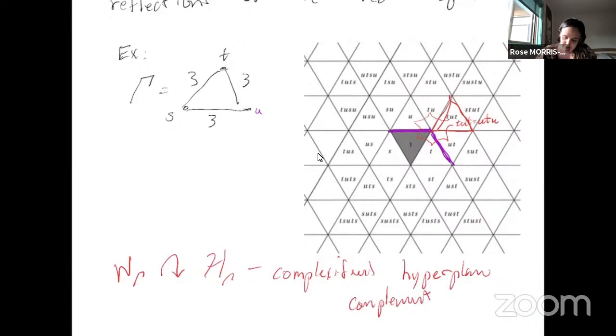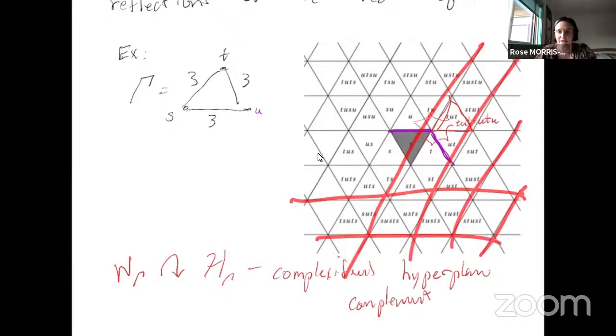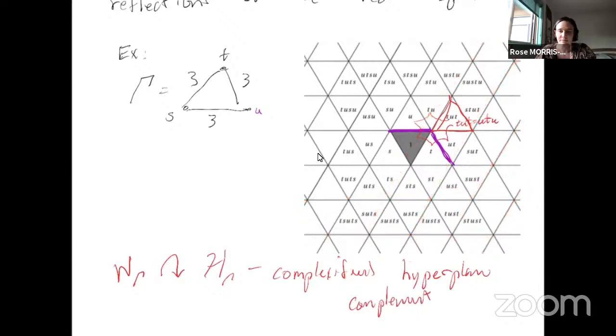So the idea is I took this vector space and I chopped out all of these reflection planes. And then I had just a disconnected collection of a bunch of triangles, and I want a connected space. So I complexify it, and now I'm acting on a connected space.